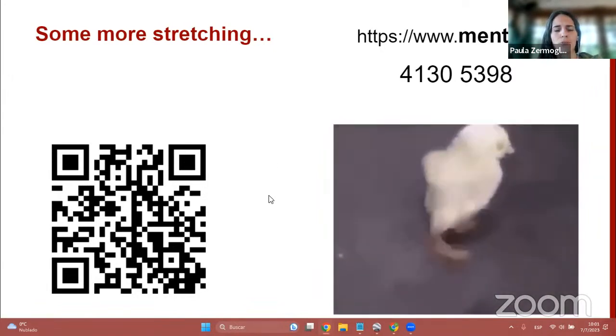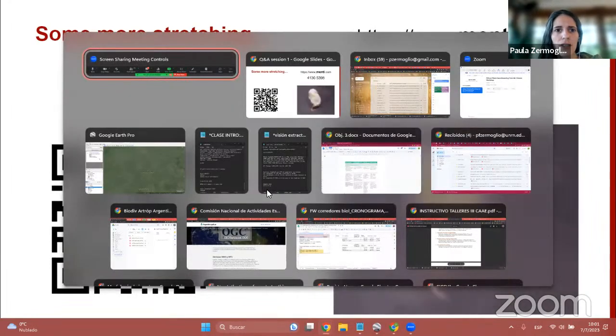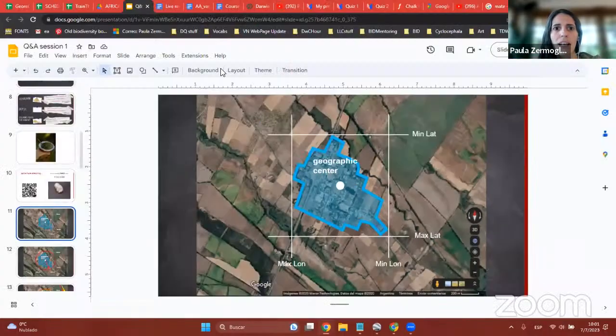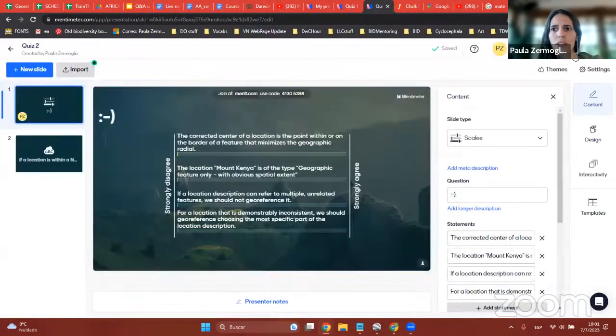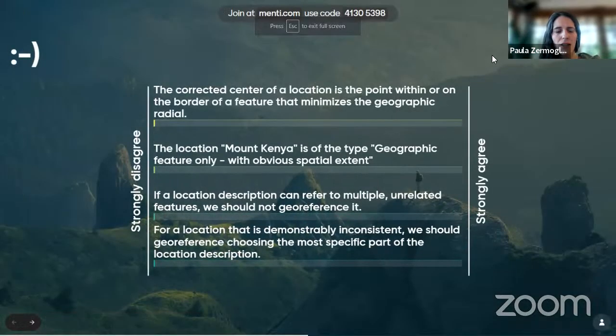And we're going to go through some more questions. In this question, the idea is that you have to either agree or disagree with the statements that are on the screen.